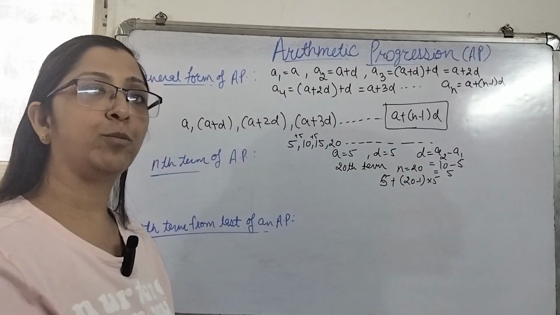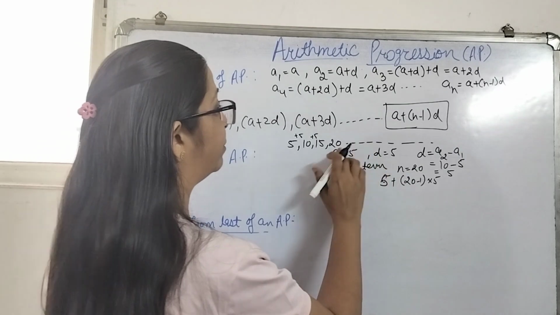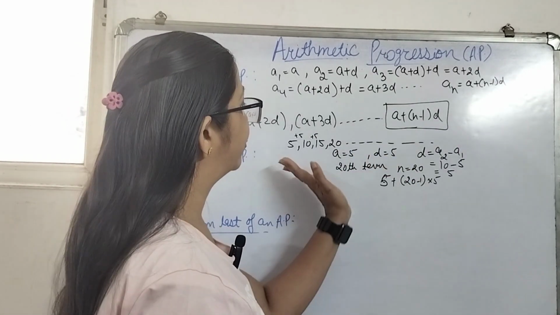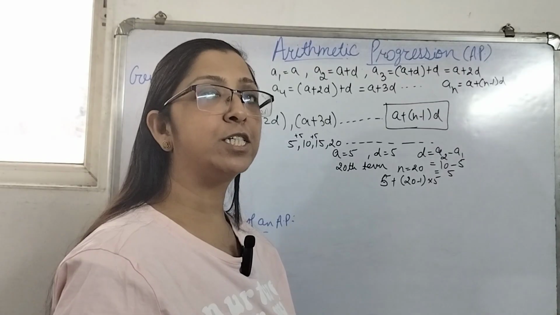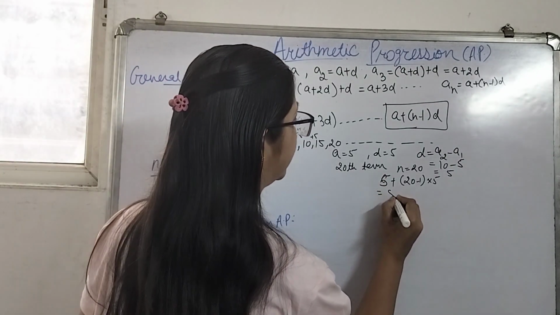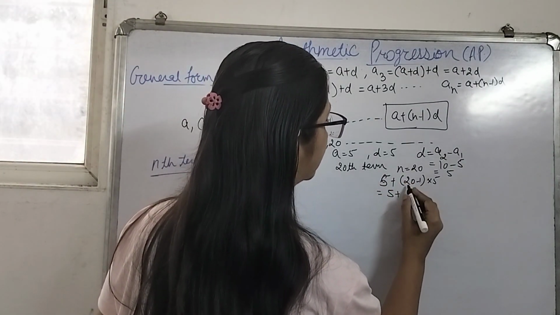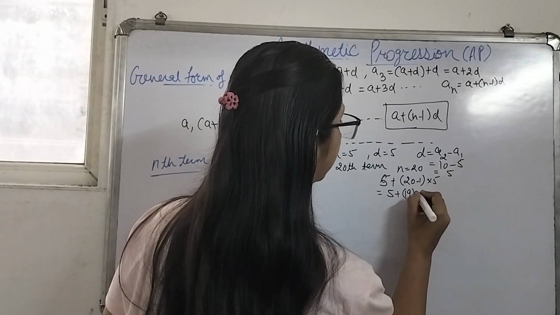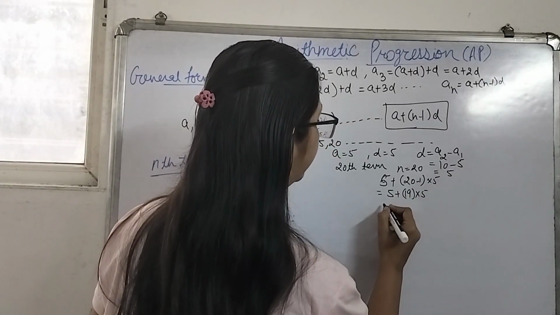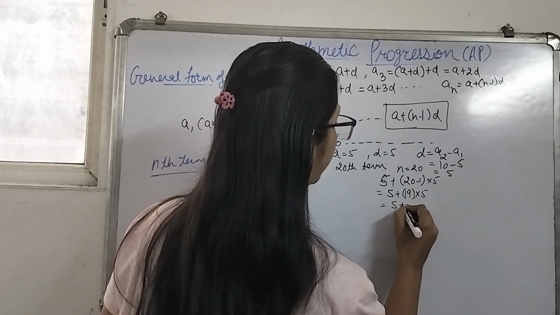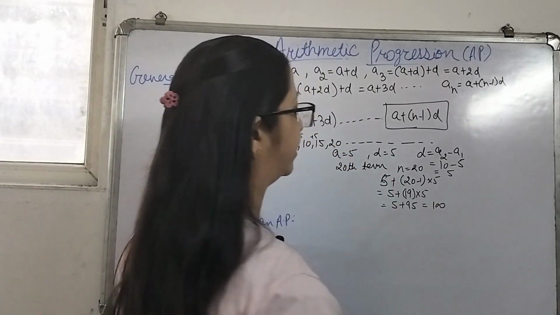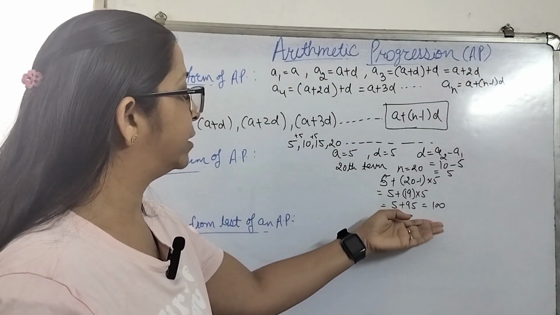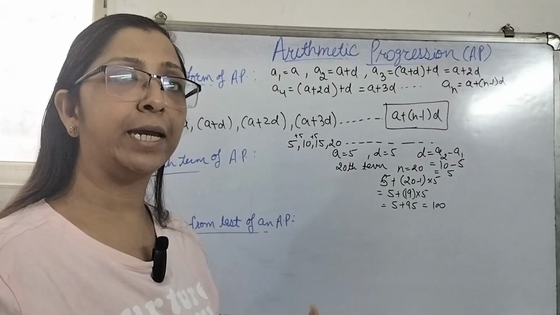By using this formula, we can find any term of the AP. So it will give us 5 plus 20 minus 1, which is 19, into 5. That will be 5 plus 95, or we can say it will be 100. 100 will be the 20th term of this AP.